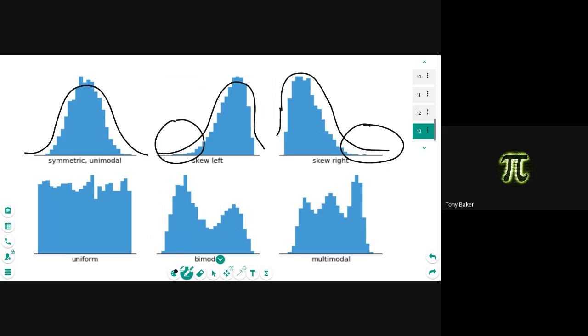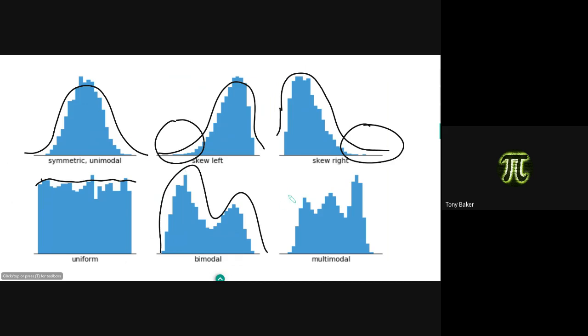All right. The other three are ones that probably won't necessarily show up on your homework. But you can see uniform is pretty much the same all the way across. There's some dips and divots there, but it's pretty much the same. Bimodal, you have 2 humps. Multimodal, you have more than 2 humps.